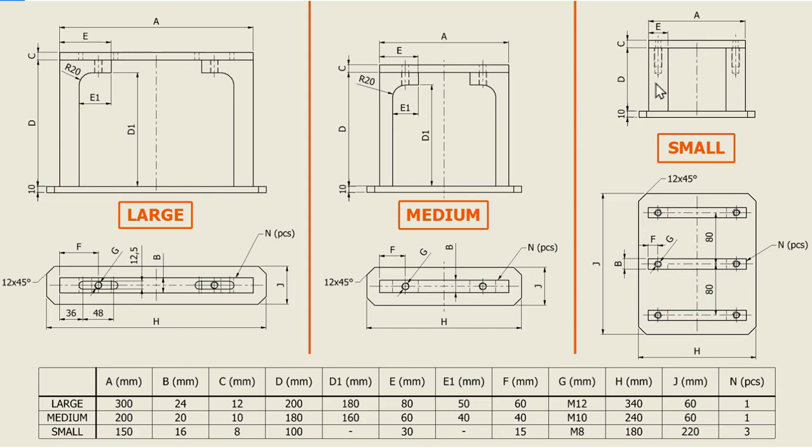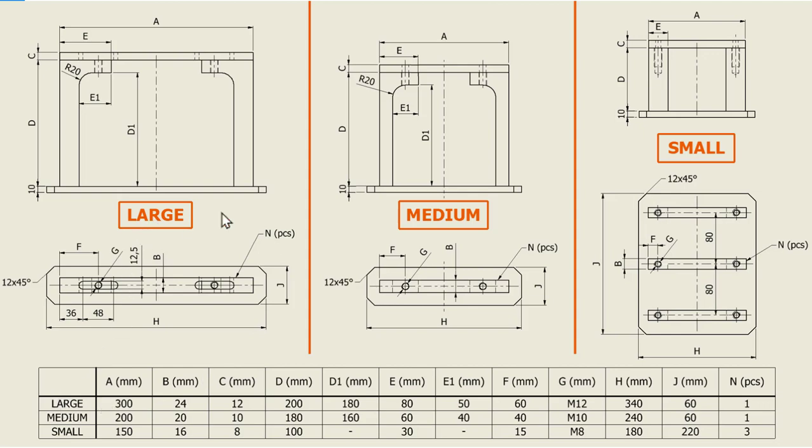Yes, but the difference is that here we have a cut, here we have the same cut with other dimensions, and here we don't have the cut because the E dimension is changing, and we can apply the cut or not.